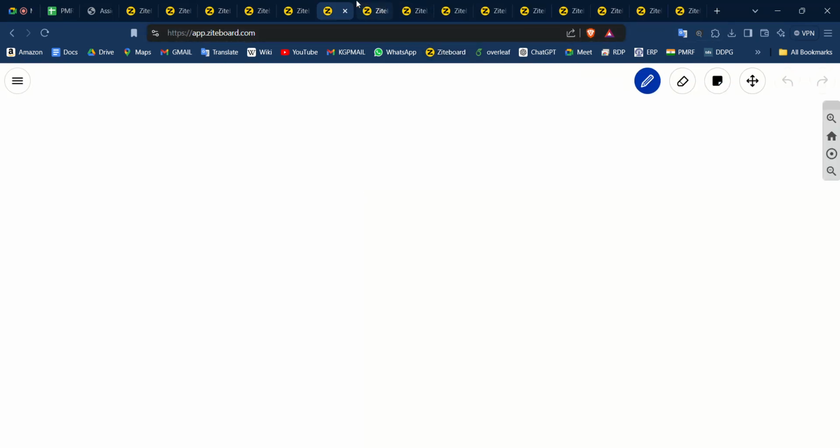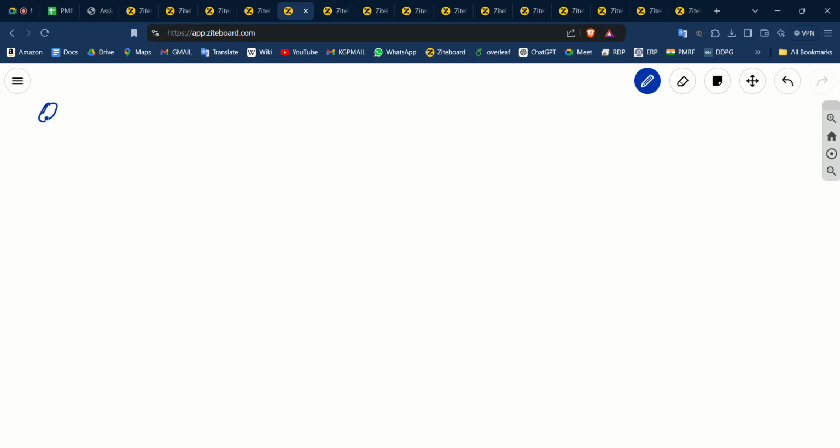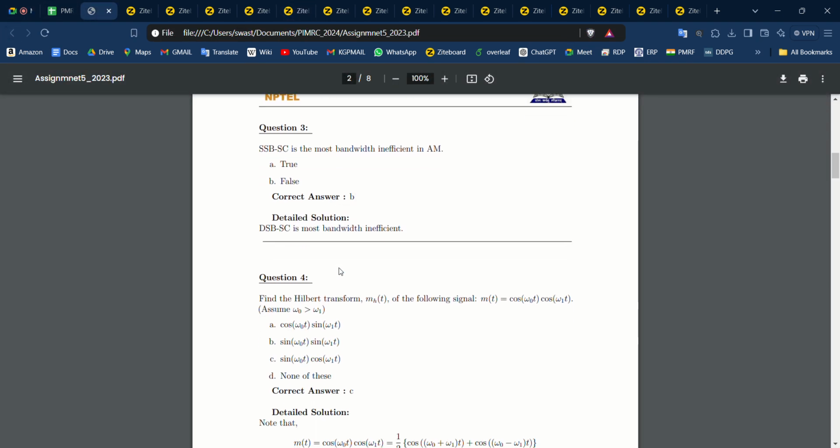Okay. So question number 4. Now let's move to question number 4. For the Hilbert transformation MHT of the following signal, mt equal to cos omega naught t cos omega 1t, assume omega naught greater than omega 1.